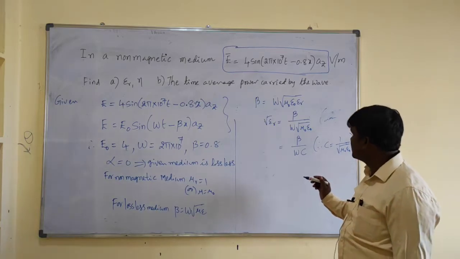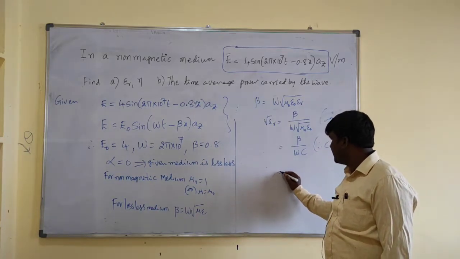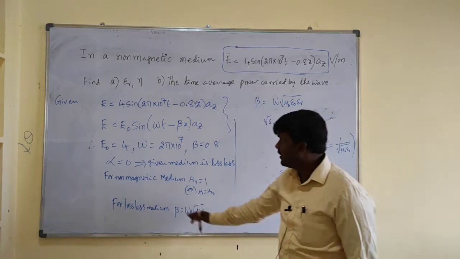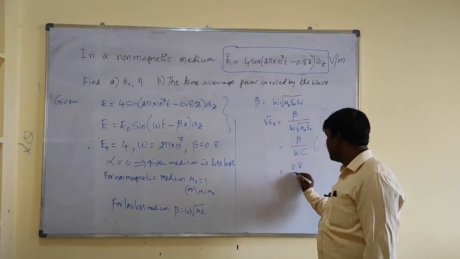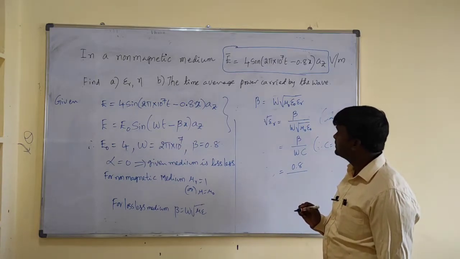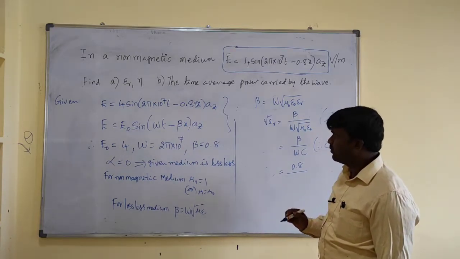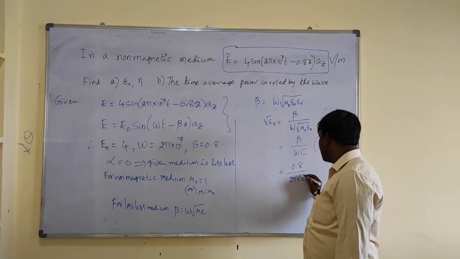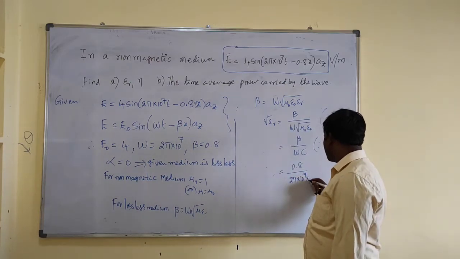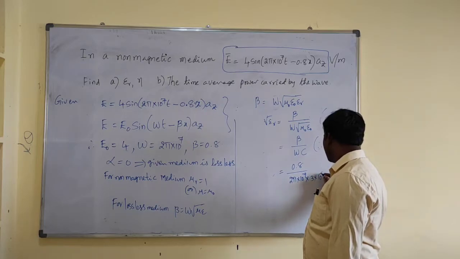Now the beta value is already 0.8, and omega is 2π × 10^7. The c value is 3 × 10^8 meters per second.